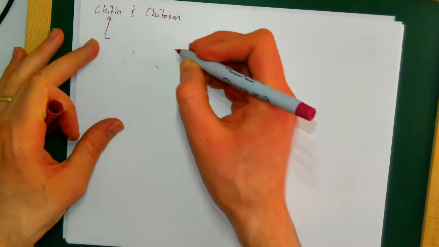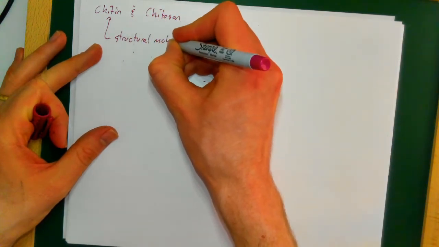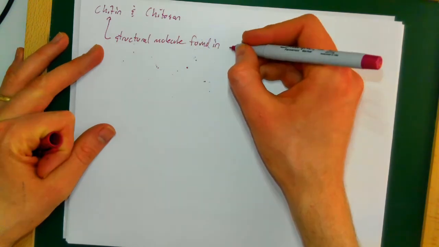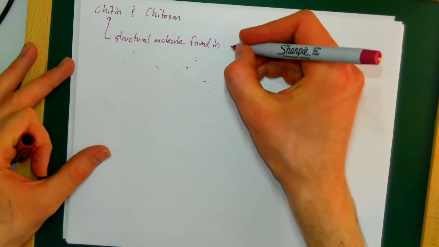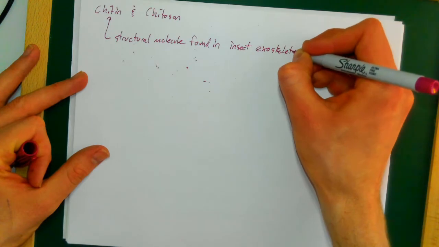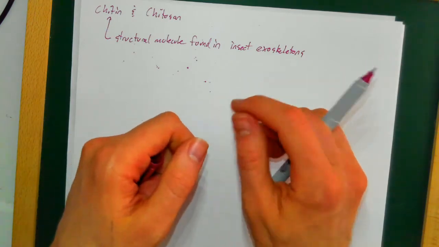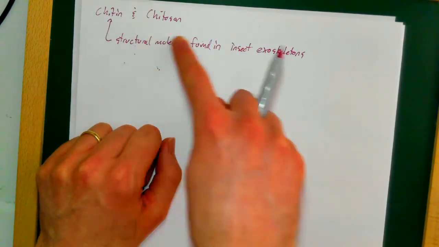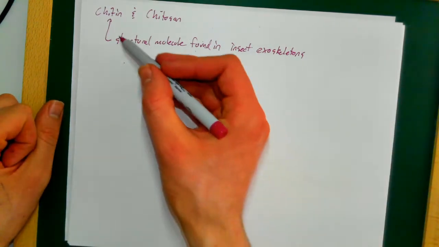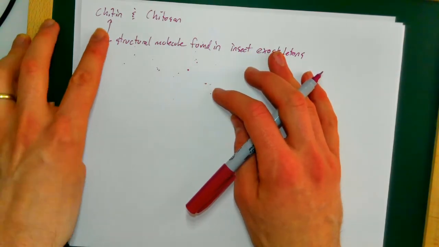Chitin is a structural molecule found in insect carapaces, or insect exoskeletons. So basically insects, bugs, they walk around, they have that tough bug armor on the outside. Chitin is one of the main molecules that makes up that structure in their shells. Chitin, in its various forms, has remarkable mechanical properties.